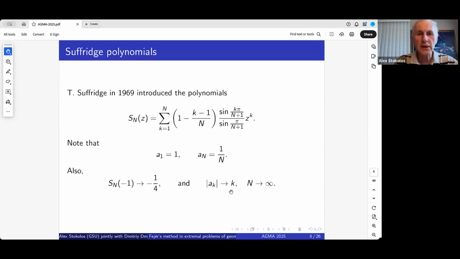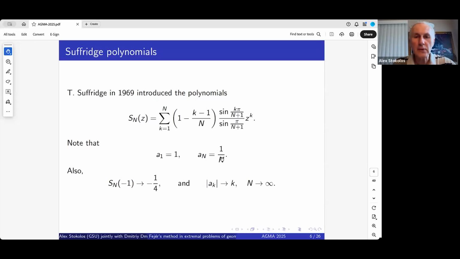So in 1969, Ted Suffridge suggests polynomials which look like this one. Pretty simple. If you drop this term, it will be just the classical Fejér polynomial, which has this property. It started with the decomposition, and very important is this property, 1 over n.